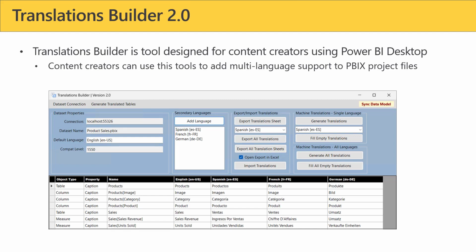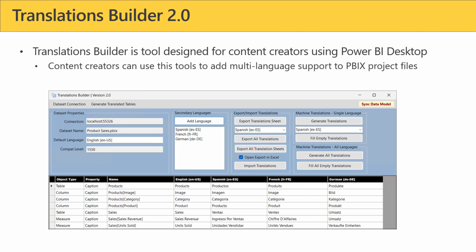There's a previous version from July 2021, but the new version 2.0, released in January of 2023, has many enhancements. And the idea is we want content creators to use this tool as a sidekick to Power BI Desktop, to add multi-language support to your PBIX projects, whether your project has both a data set and a report, or just a data set or just a report.